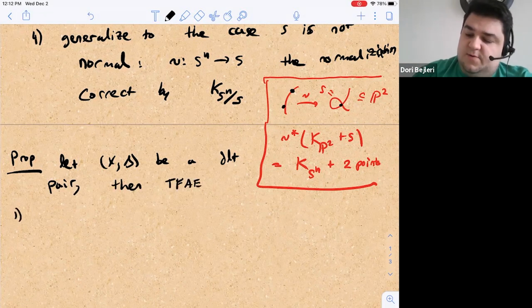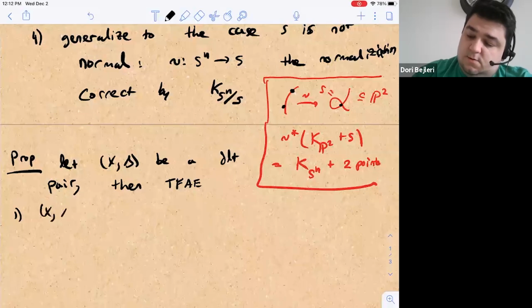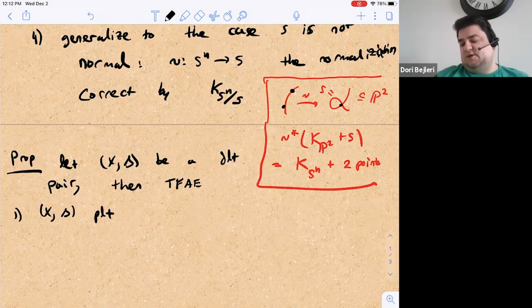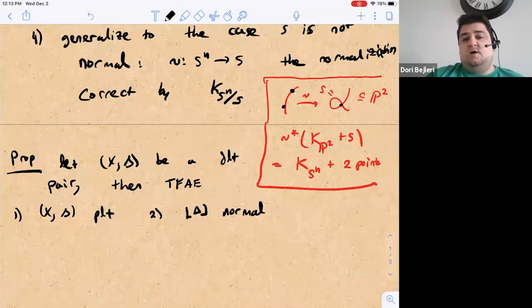1, the pair is PLT. Recall this means that the discrepancies are strictly bigger than -1, but no assumption about the round down of delta. So delta can still have coefficients 1, but the discrepancies are bigger than -1. 2, the round down of delta is normal. The components of the round down will form our various S divisors that we're going to apply adjunction to. The point here is that the round down might not be irreducible.